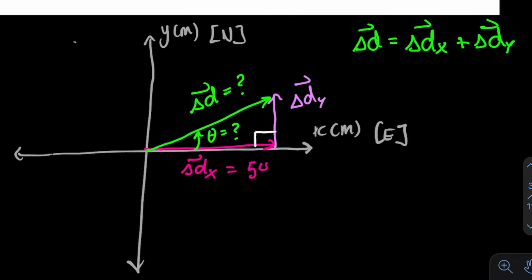The horizontal is 54 meters east, and the vertical was 24 meters north. Once we are able to visualize it, we're going to redraw the triangle so we can work with the trigonometry and get the unknown side and the unknown angle.